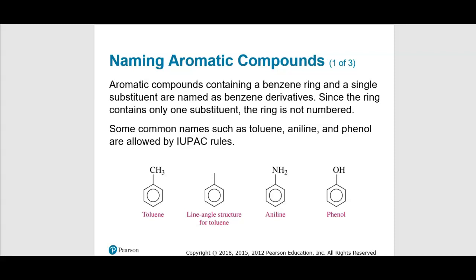In the case of these three, if there's only one substituent on the ring, that's not numbered. Same thing with cycloalkenes and cycloalkanes, and there are actually cycloalkynes, but they're much larger chains, and you really aren't going to see them in anything you're going to be doing.